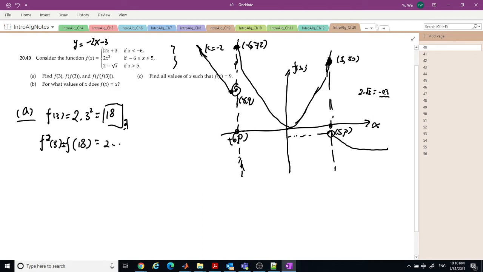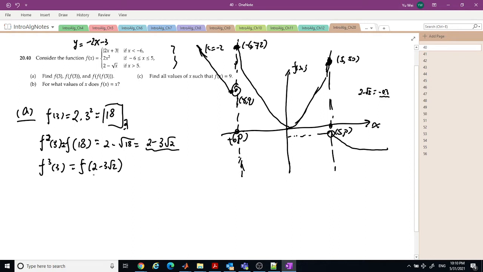Next, with 18 it's 2 minus root 18, which is 2 minus 3 root 2. Now f cubed of 3 is f of this, f of 2 minus 3 root 2.